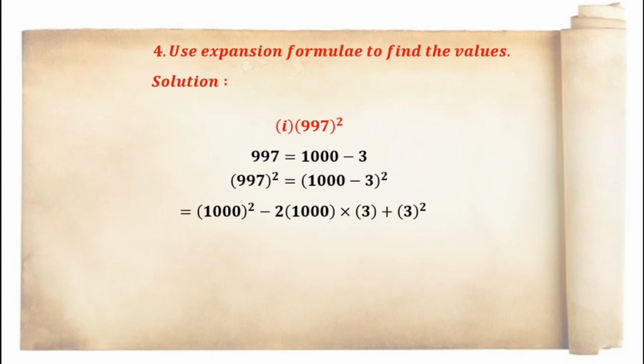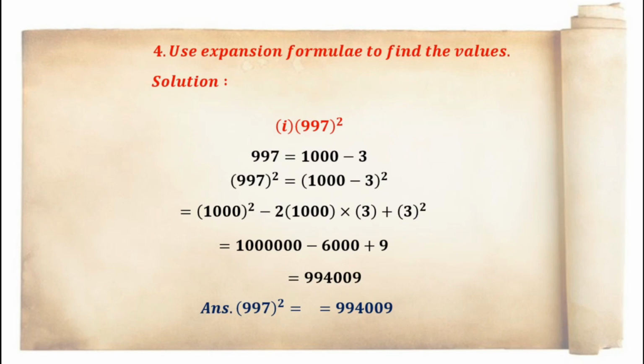So 10 lakhs minus 6000 plus 9 is 9 lakhs 94,000 and 9. So the answer is 997 raised to 2 is equal to 9 lakhs 94,000 and 9. Okay, like this.